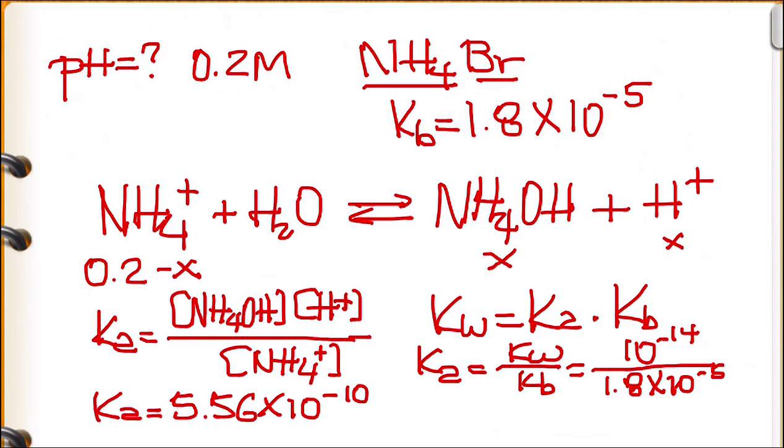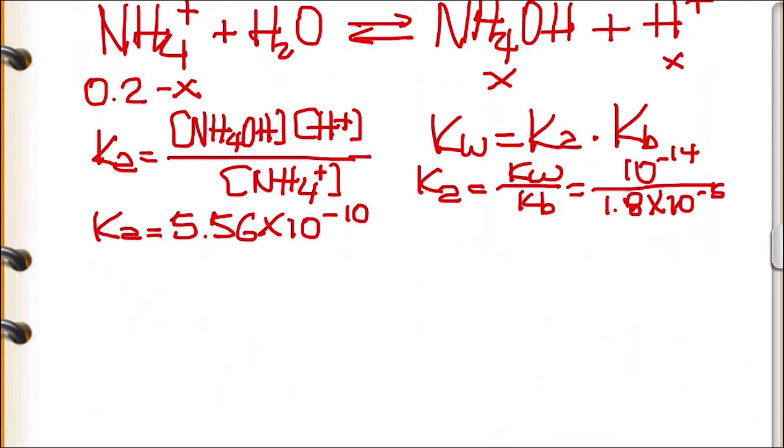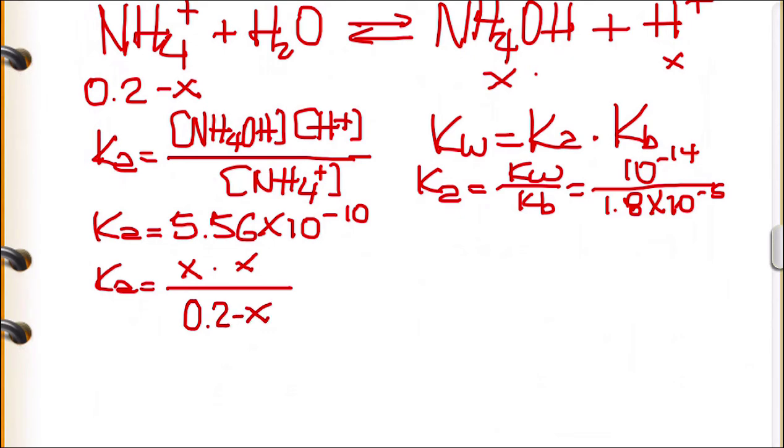Okay, so let's move this thing a little bit up here, and continue with the solution of the problem. Then we have that Ka is going to be equal to the concentration of ammonium hydroxide, that's X, times the concentration of protons, that's X, divided by the concentration of ammonium, which is 0.2 minus X, and this equals 5.56 times 10 to the negative 10.